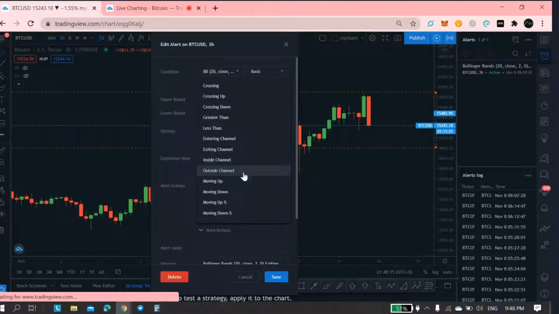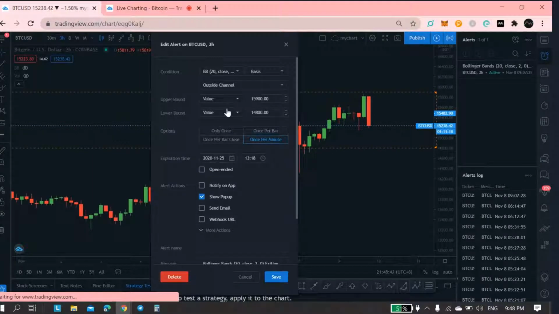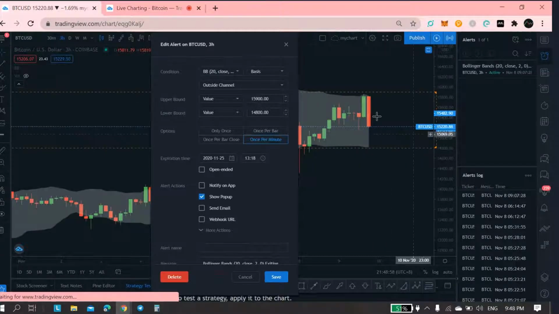For me, I choose the outside channel because I trade the extremes, or outside the upper and lower Bollinger Band. And I have the value, the upper Bollinger Band, which is this one, and the lower Bollinger Band, which is this one. So let me show you the Bollinger Band.